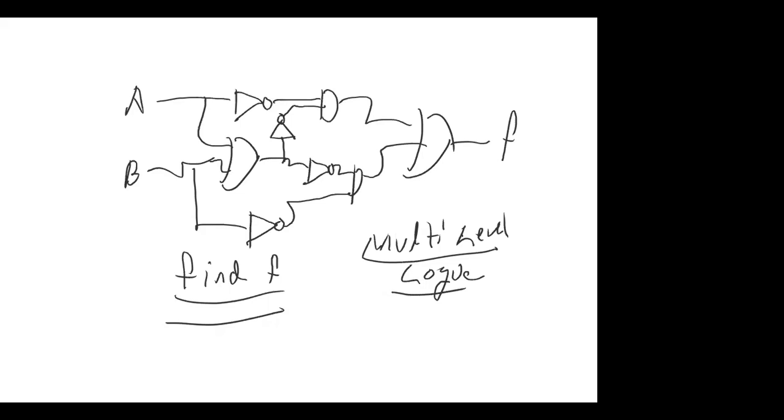Let's just break it down. What happens, Eric, after A passes through the inverter? What do we get? A prime. Yeah, so that's A prime. That's good. And then what happens after A and B pass through this little OR gate? Right here, what do we get?